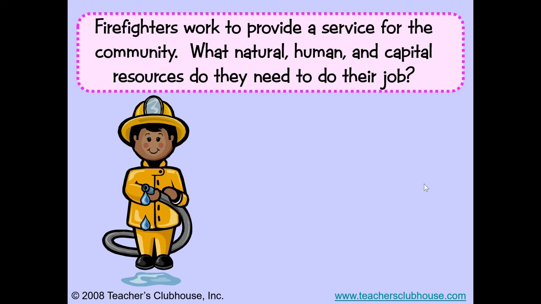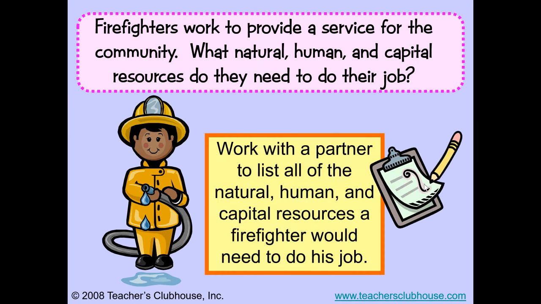Firefighters work to provide a service for the community. What natural, human, and capital resources do they need to do their job? I want you to make a list of all the natural, human, and capital resources you think a firefighter would need to do his job.